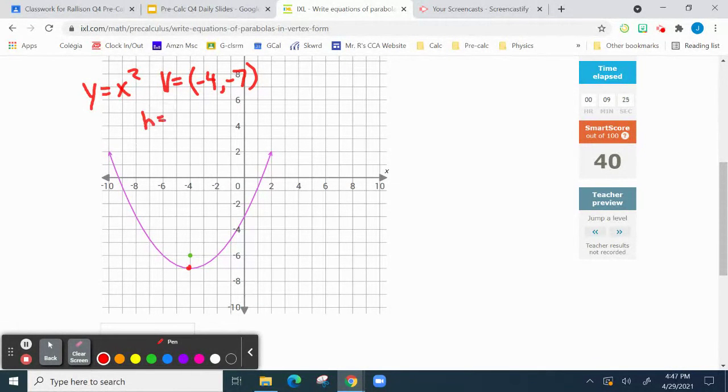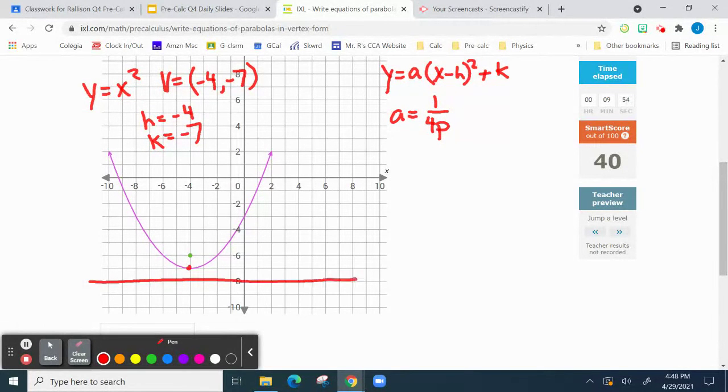So h equals -4 and k equals -7. So we've got our y equals a, x minus h squared plus k. We've already got our h and our k. Now all we need is our a, and a equals 1 over 4p. p is the distance, right? The directrix is going to be right down here because this is the distance right there.